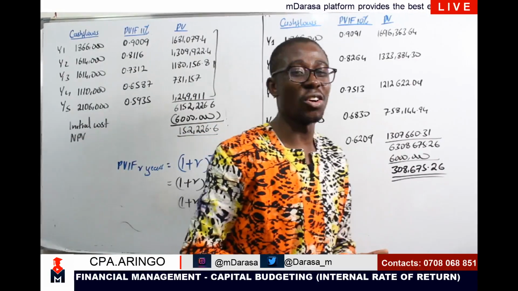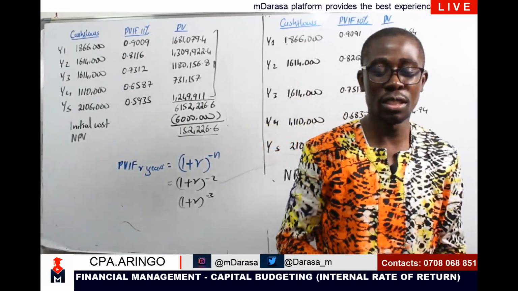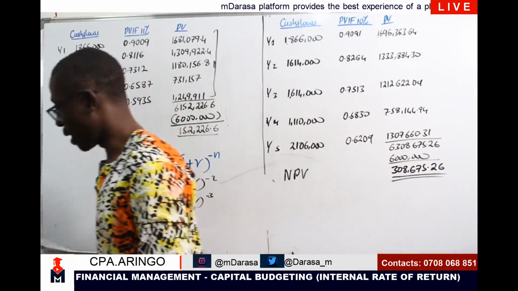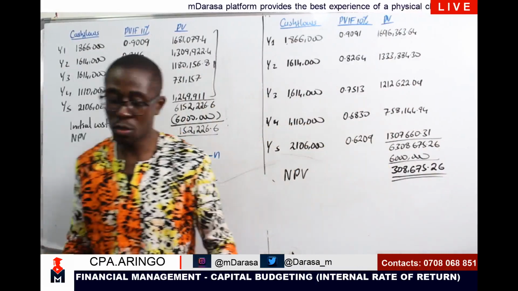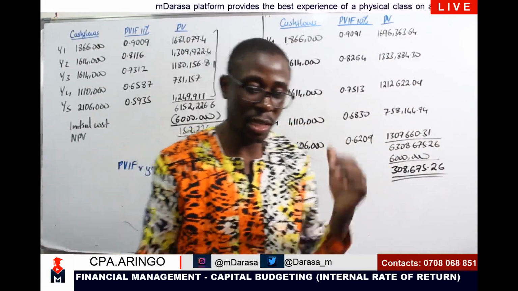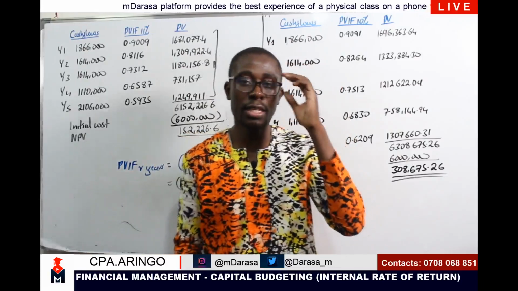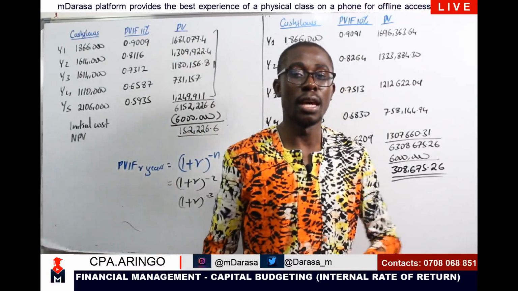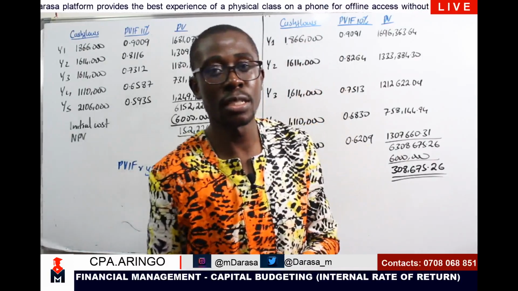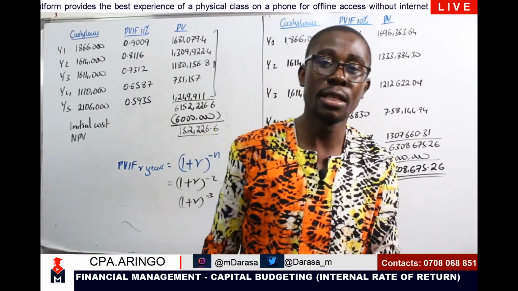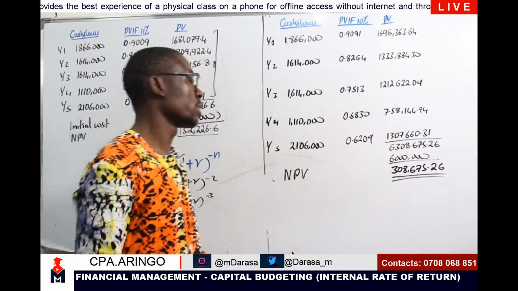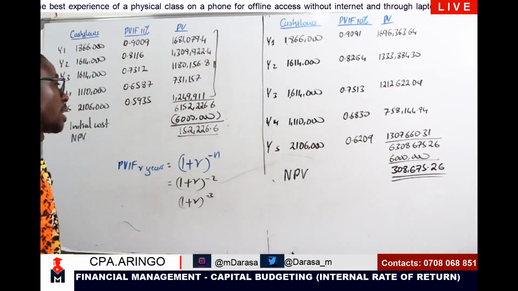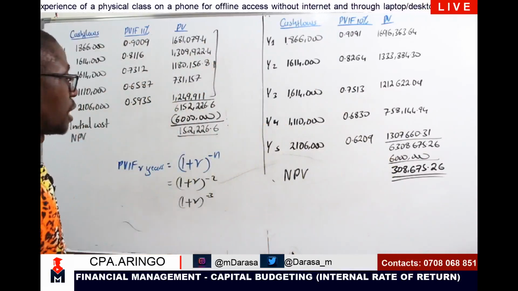And clearly recall, Mwalimu mentioned that at any given point, with the concept of NPV, the relation between NPV and the discount rate is that the higher the discount rate, the lower the NPV, and the lower the discount rate, the higher the NPV.